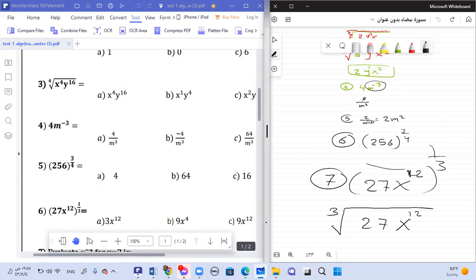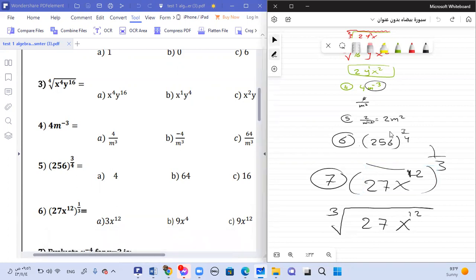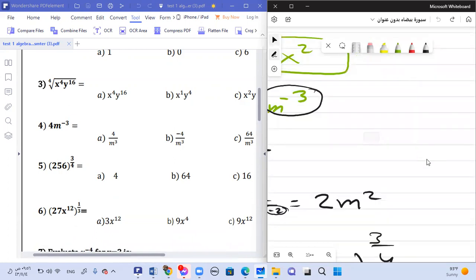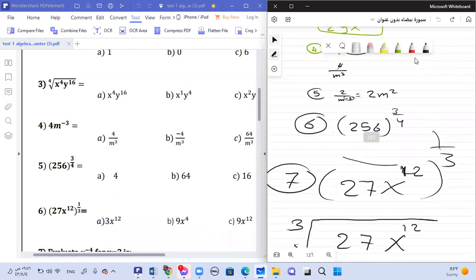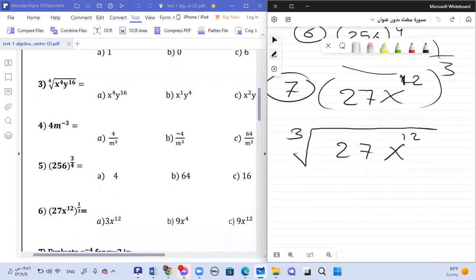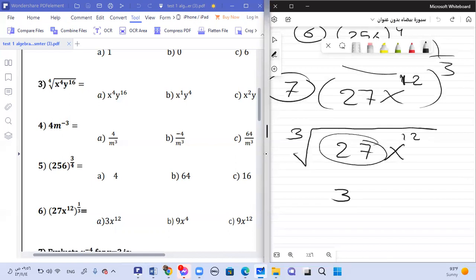What is the cubic root for the number 27? What is the cubic root for 27? Okay, it's 3. How can you find the x part? 12 divided by 3. So the answer will be?